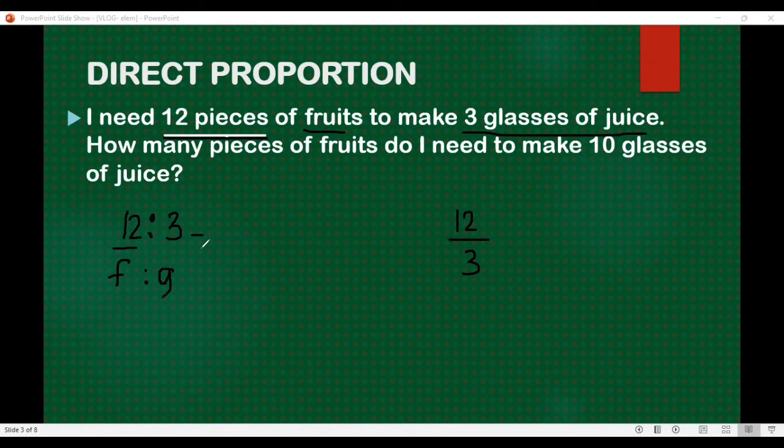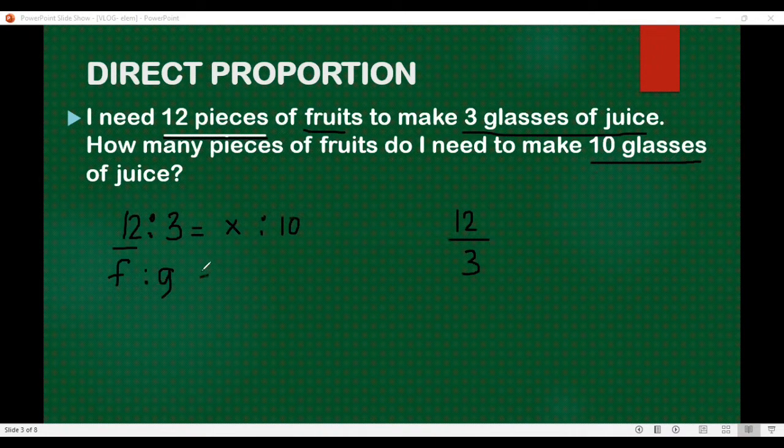That simply means that in creating the equivalent of this ratio, there we have how many fruits. So this will serve now as our variable, which could be expressed by a certain x. And of course, there are 10 glasses of juice. So we will now take that as x is to 10.